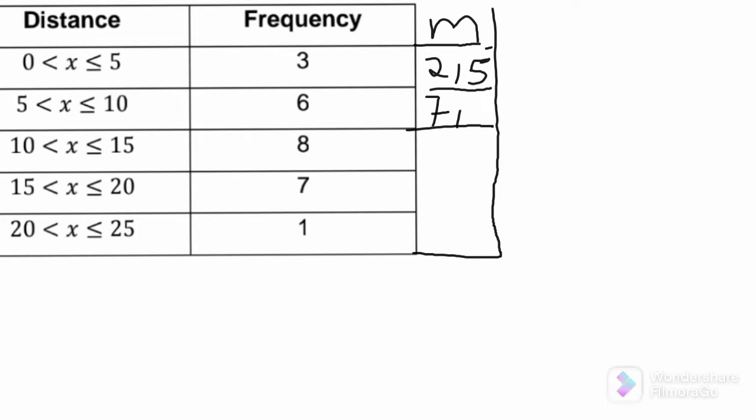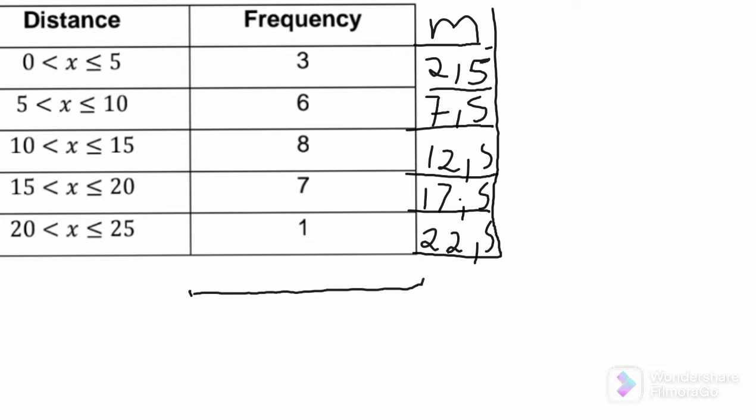Then the midpoint between 10 and 15 is 12.5. The midpoint between 15 and 20 is 17.5. And then lastly, we have the midpoint between 20 and 25. It's going to be 22.5. There we go.